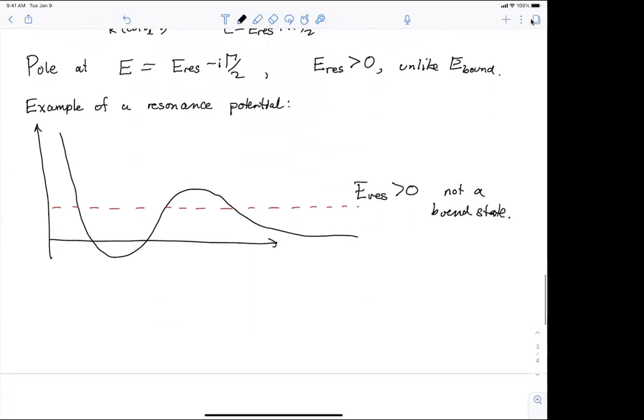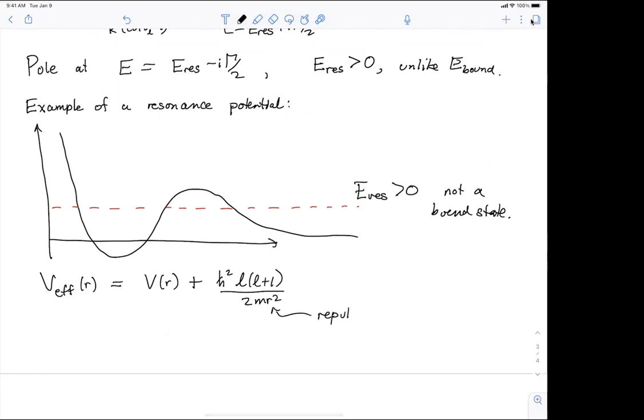Okay, and more specifically, if you write down the three-dimensional Schrodinger equation, it has an effective potential part, which is the actual potential, plus the part that comes from the centrifugal term in the kinetic energy, which looks like this. Notice that second term is a repulsive core.